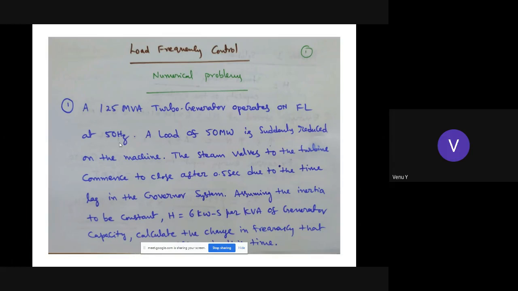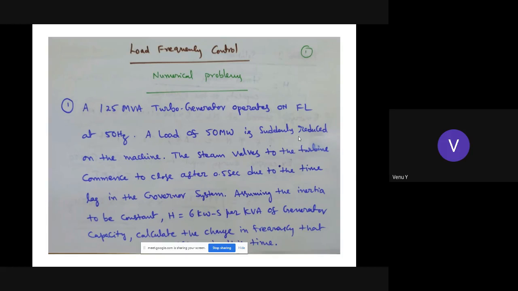When it is at full load, the frequency is 50 Hz, rated. At rated load, the droop is adjusted like that. Now, a load of 50 megawatts is suddenly reduced on the machine.